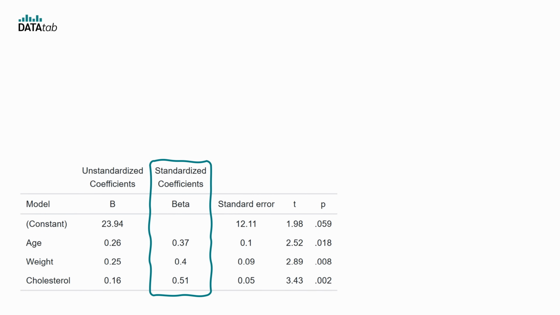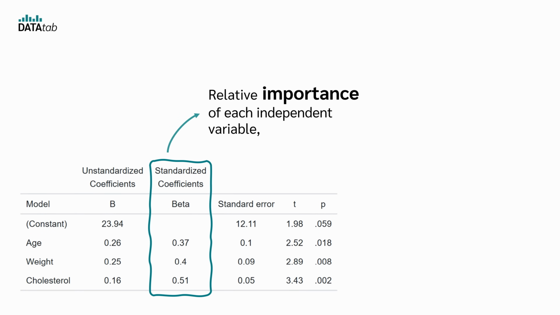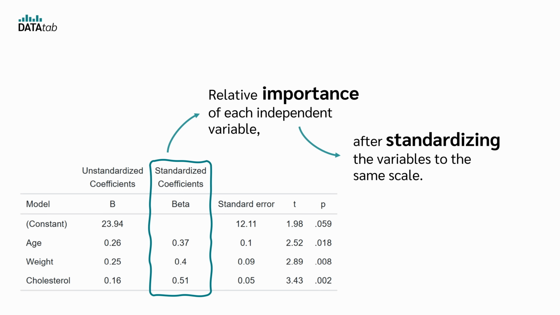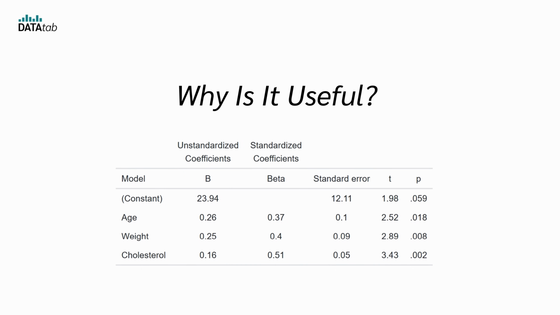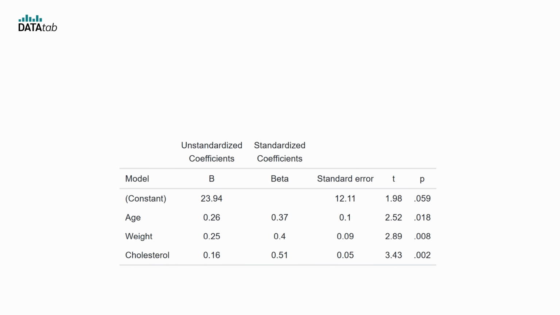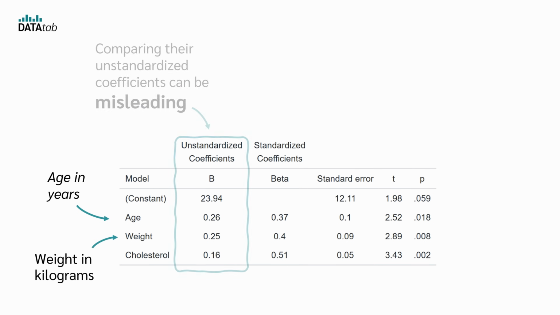The standardized coefficient tells us the relative importance of each independent variable after standardizing the variables to the same scale. Why is this useful? Our model includes variables measured in different units, such as age in years, weight in kilograms.